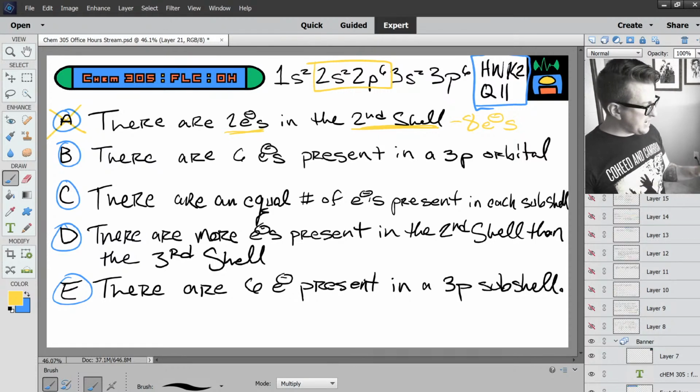So A can't be an option because there are 8 electrons on the second shell.